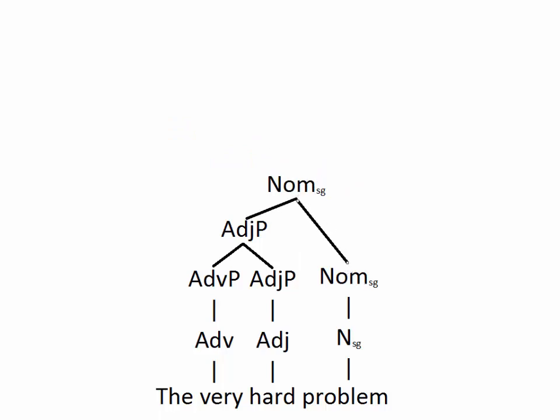Now we have this structure, and at last we can add in our determiner to close off our noun phrase, the very hard problem. Okay, so with the adverb modifying the adjective.